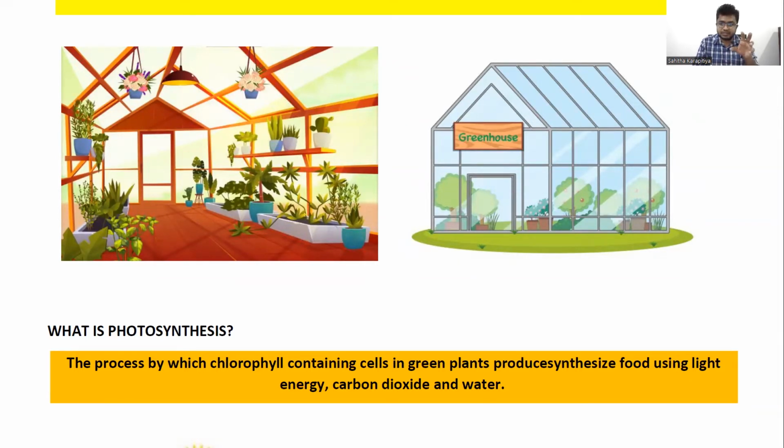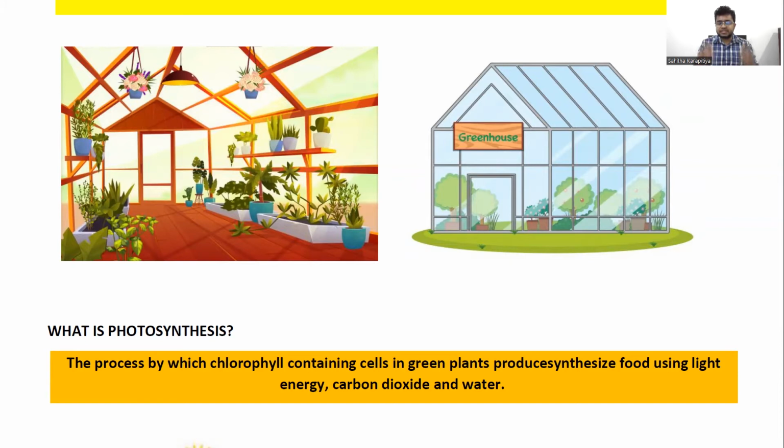Once again, photosynthesis is the process by which chlorophyll containing cells in green plants synthesize food using light energy, carbon dioxide, and water.